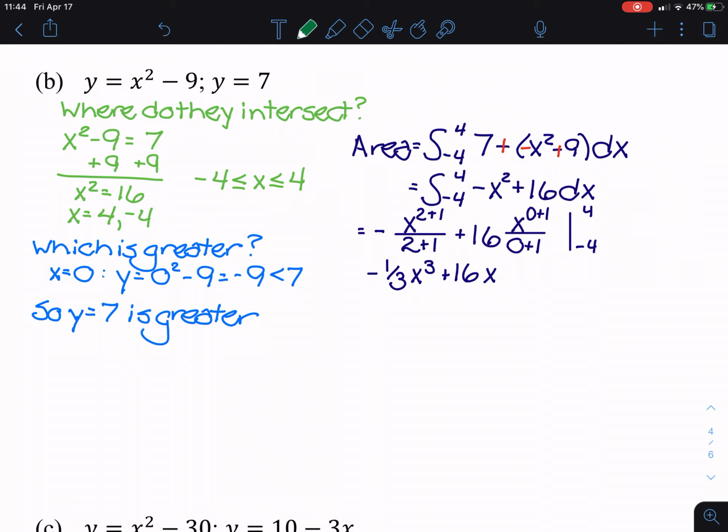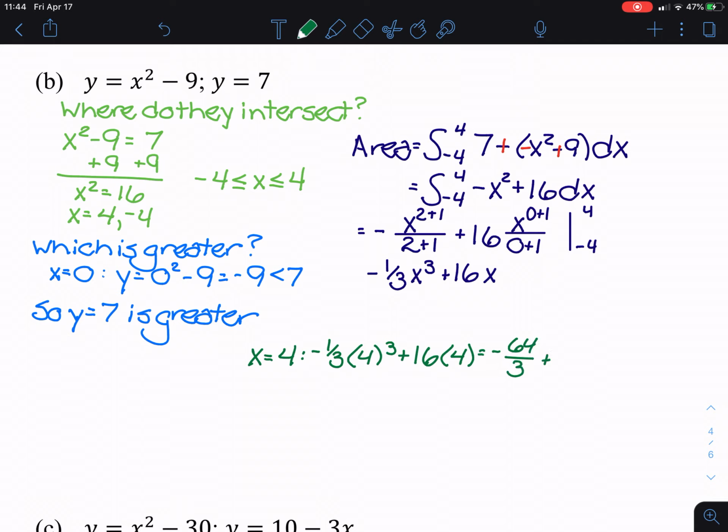I'll start off with x equals 4. So I have negative 1/3 times 4 cubed plus 16 times 4. And so 4 cubed is 64, so this is negative 64 over 3.